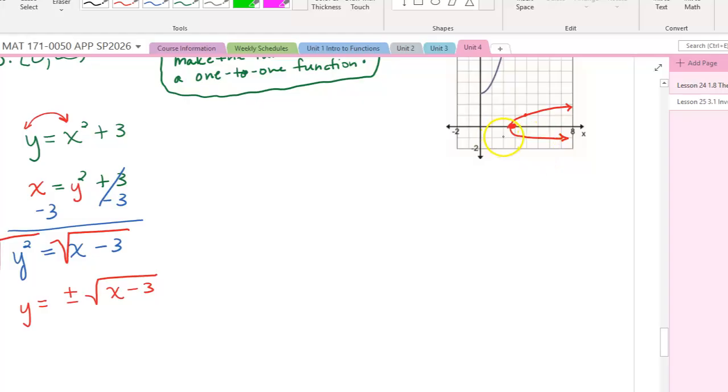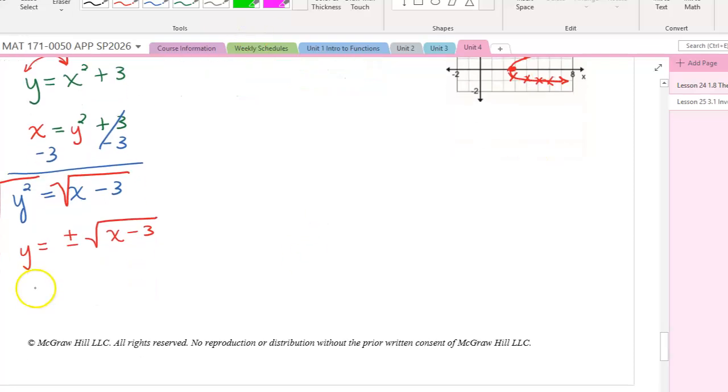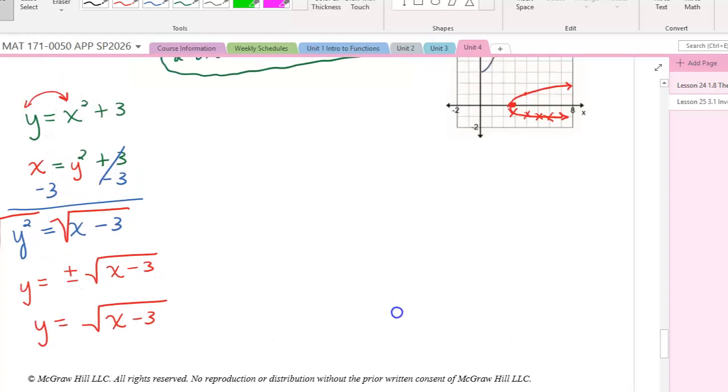So we're going to take off the negative part of this, and we're just going to say that the inverse is just the positive, the square root of x minus 3. So now I'll name this f inverse of x is equal to the square root of x minus 3. So we'll put a little note over here, removed.